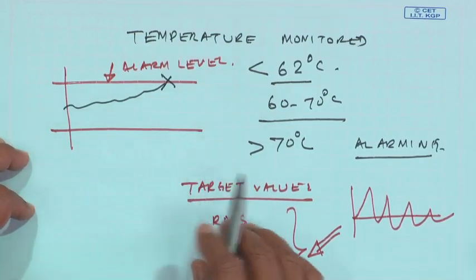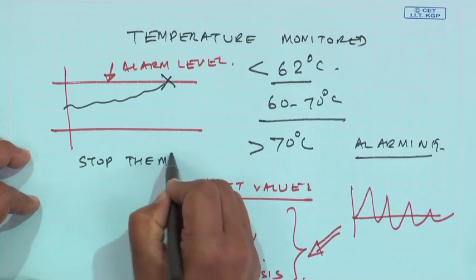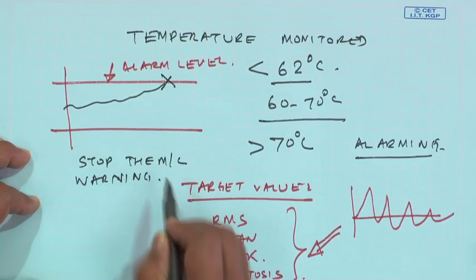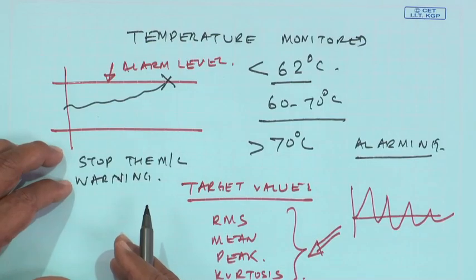Then it will either ensure certain safeguard measures, like stopping the machine, or give a warning to the operator that this machine needs to be fixed. So, these are the cases where online monitoring is being done and the measured data is compared against a set value, and depending on the conditions, a machine could be stopped, an alarm could be given, and so on.